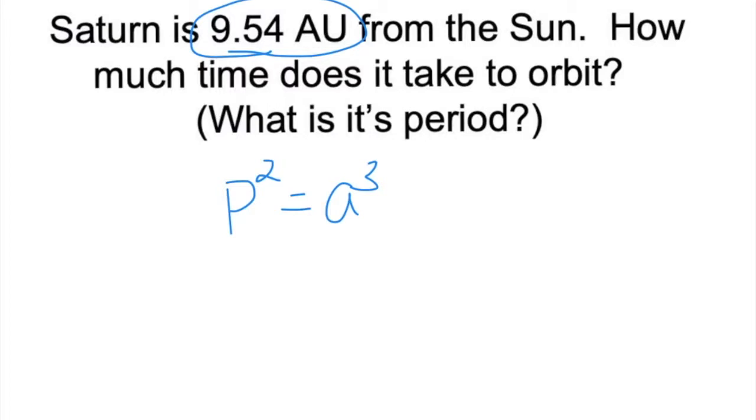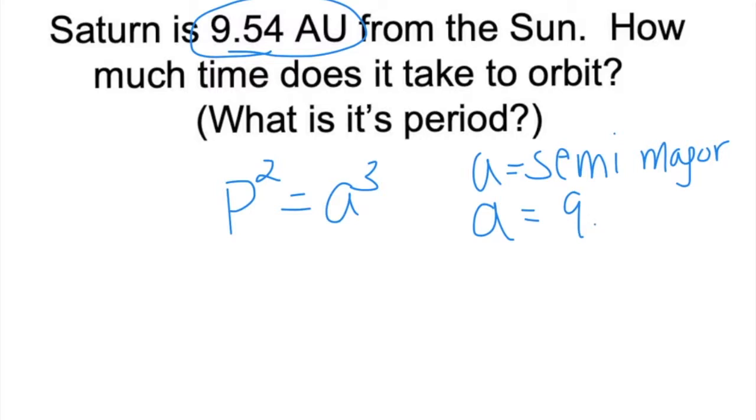A is our semi-major axis. It's given us that A equals 9.54 AU. So we can plug that in.